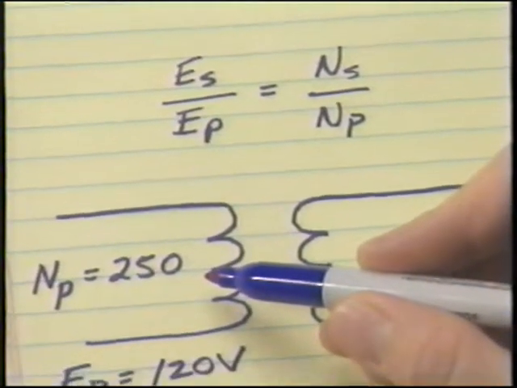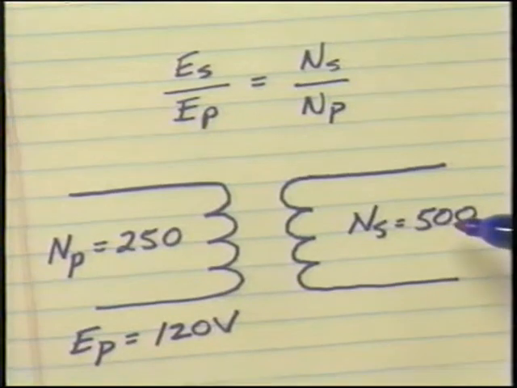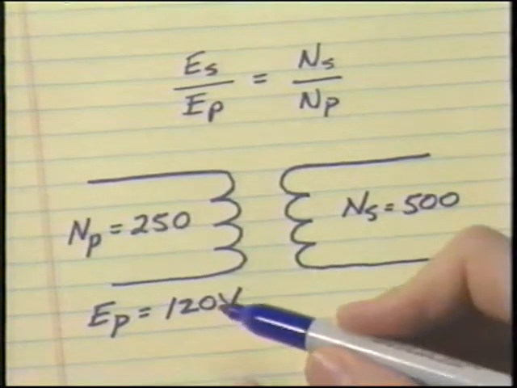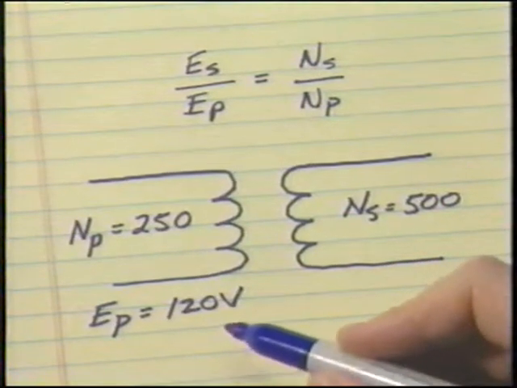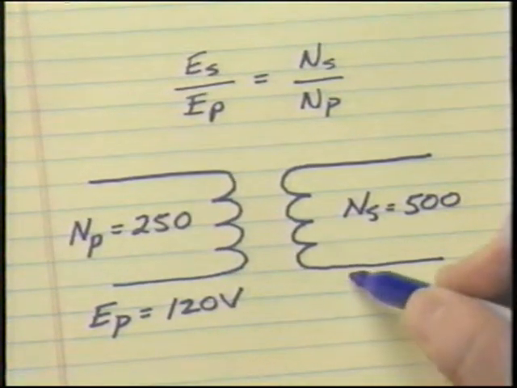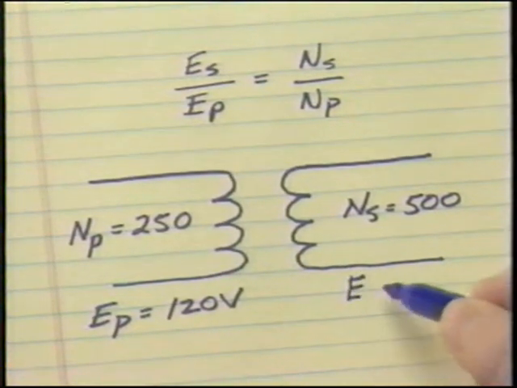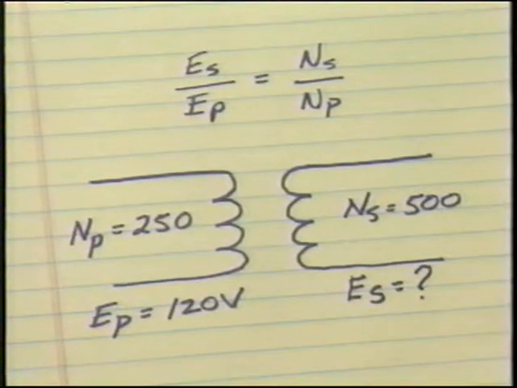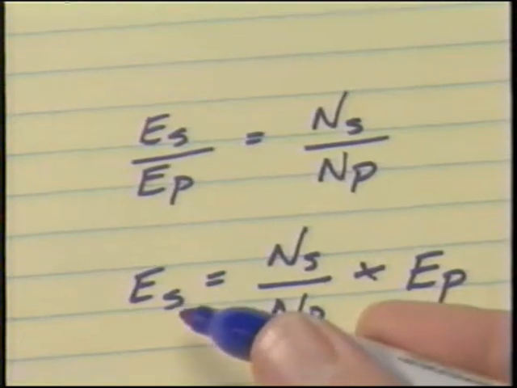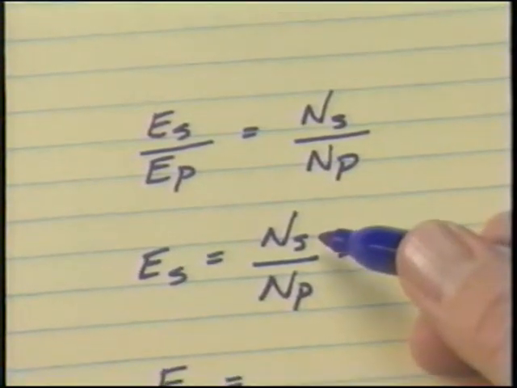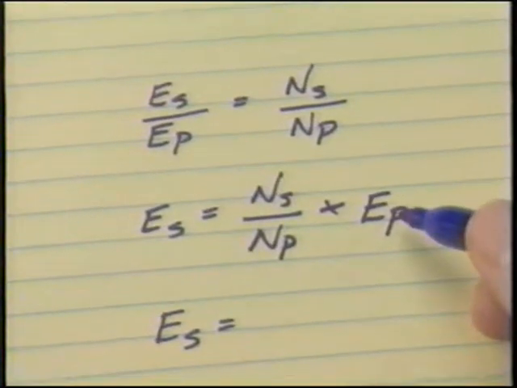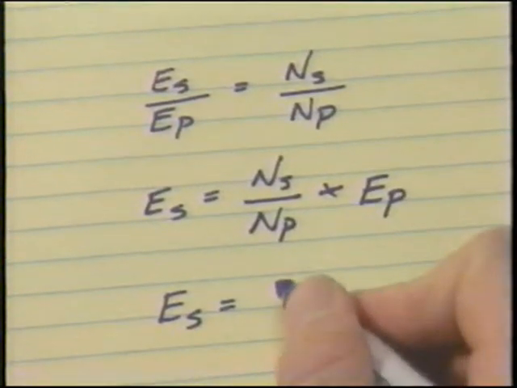For example, there are 250 turns on the primary and 500 turns on the secondary. If the primary voltage E sub P is 120 volts AC, what is the secondary voltage E sub S? Rearrange the equation to solve for E sub S equals the number of turns in the secondary divided by the number of turns in the primary times the voltage of the primary.